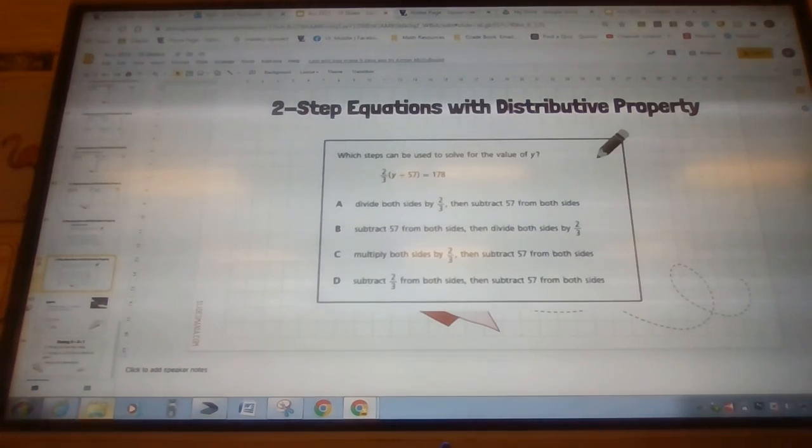Are there more ways than just those two for these kind of problems? That I'm going to show you right now. Be careful when you're looking at that, because if I were to ask what is an equivalent equation for this, you would have to know how to do the distributive property to write that equivalent equation.